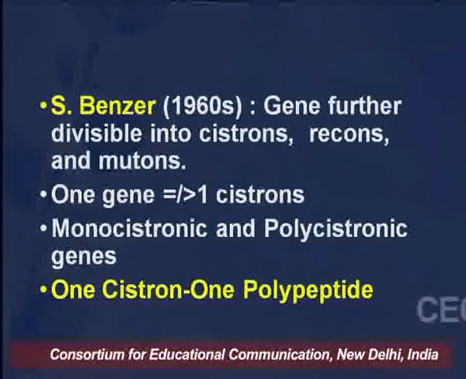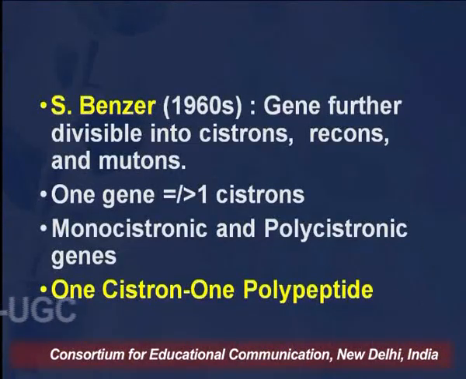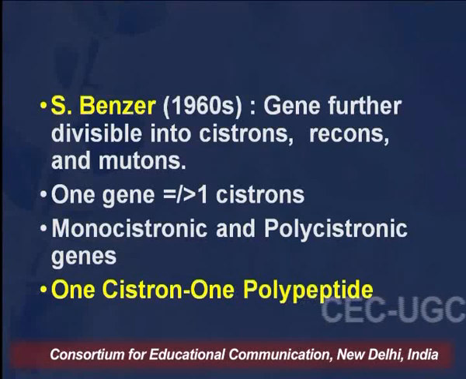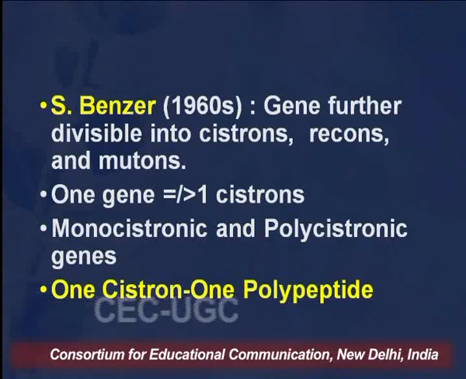After some time, when molecular biology was at its peak, in the 1960s, Seymour Benzer was the first person to study the gene in detail, its functional aspects, and he said that the gene can be further divided into cistrons, the functional units, the recons, the recombination units, and the mutons.